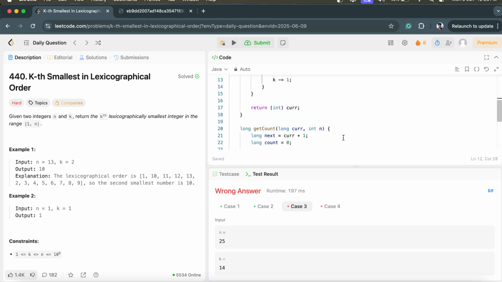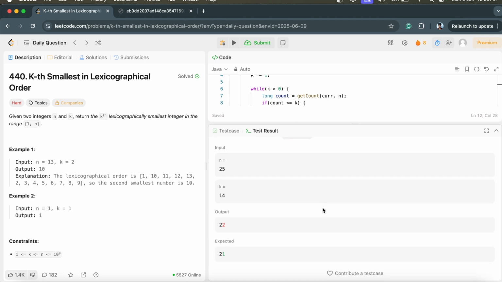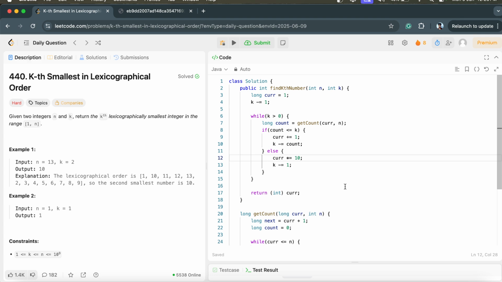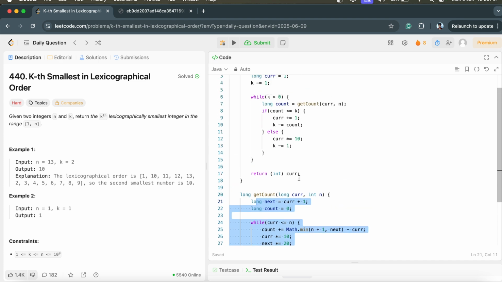Okay, there are cases where we are getting wrong answers. Let us see what it is printing. It is printing 22, but we are expecting 21. So there is some issue with this one particular part. If we look into this while loop, suppose current is 10 and 13 is what we are demanding. Of course it is in a range, so we go inside there. I don't think there is a problem with this loop.